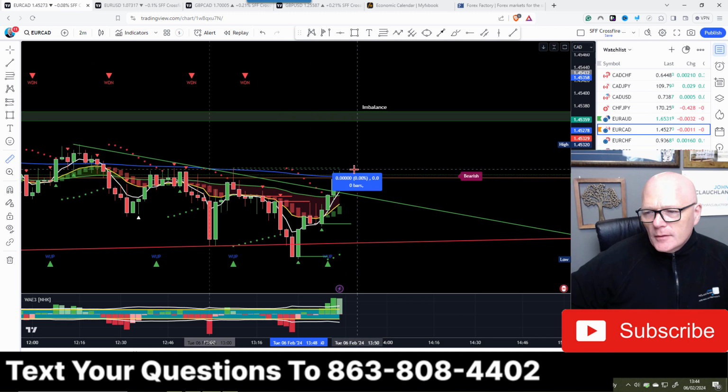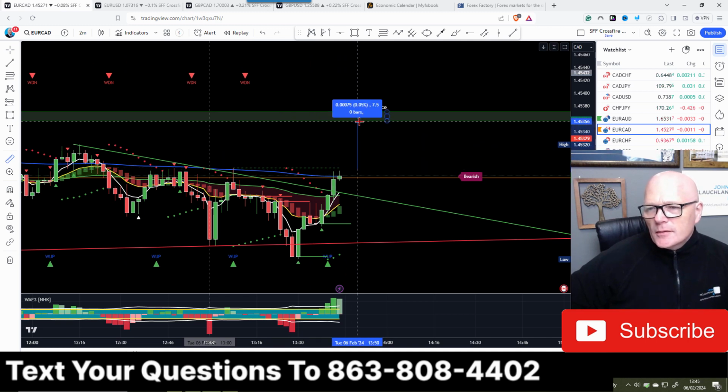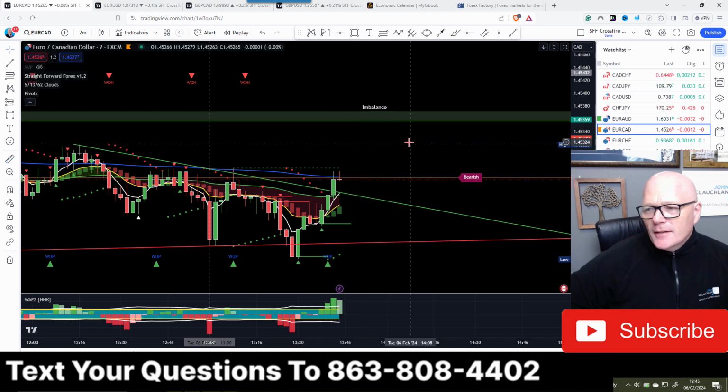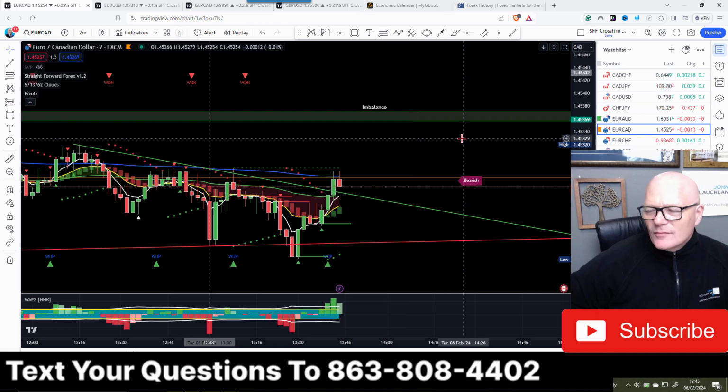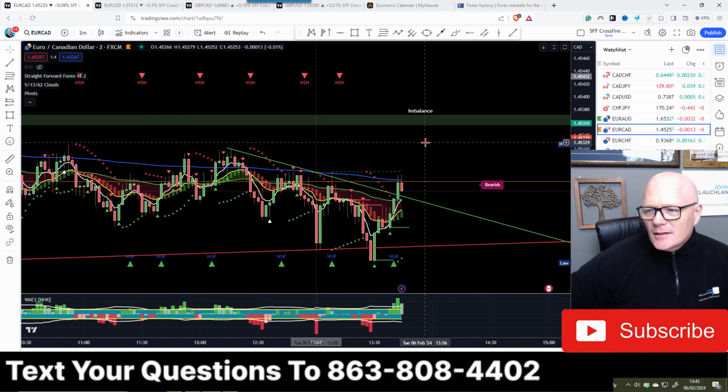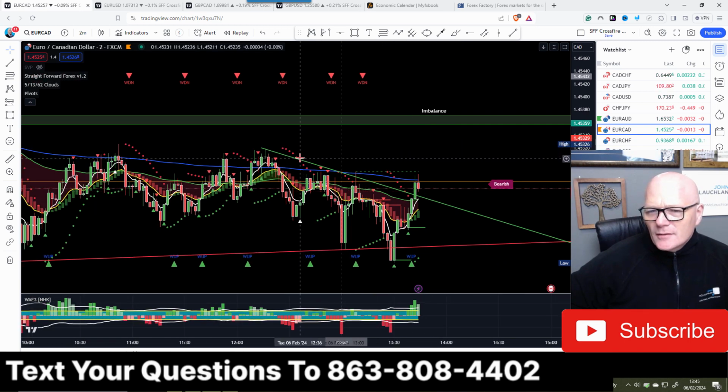Where's it going to go to? Okay, it's going to go to the bottom of the imbalance initially, and we've got 7.6 pips. Okay. You know, the numbers don't really work. Then we've got this area of interest here.